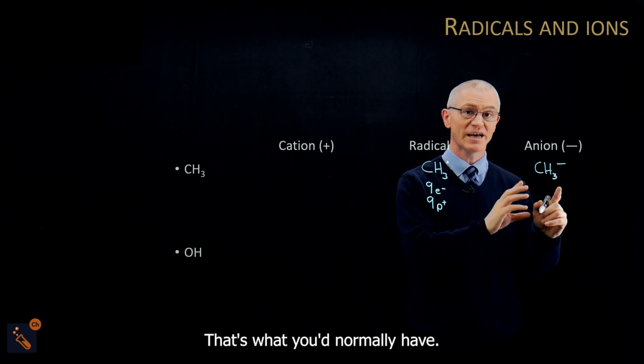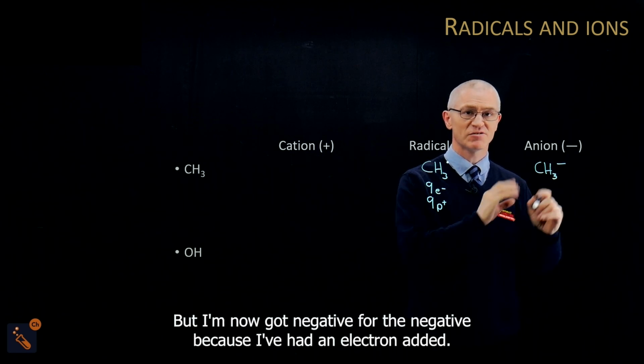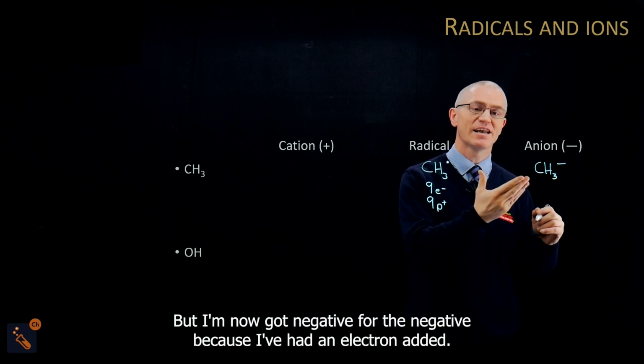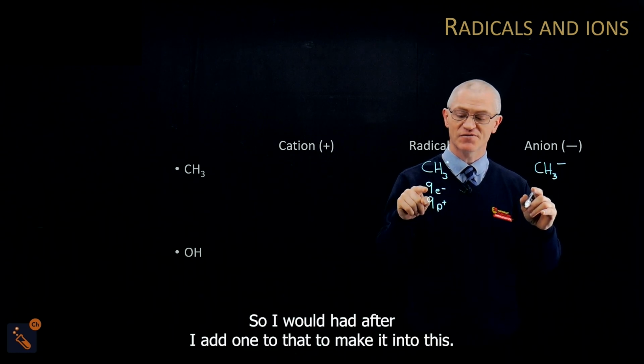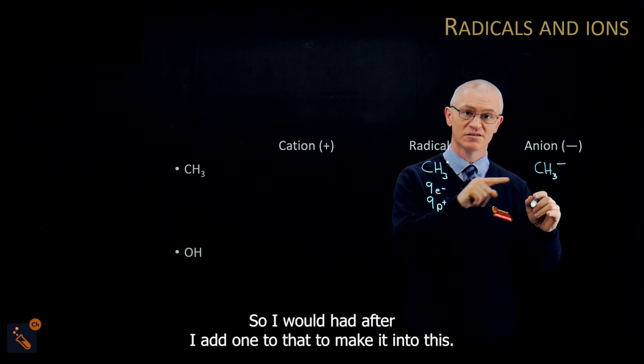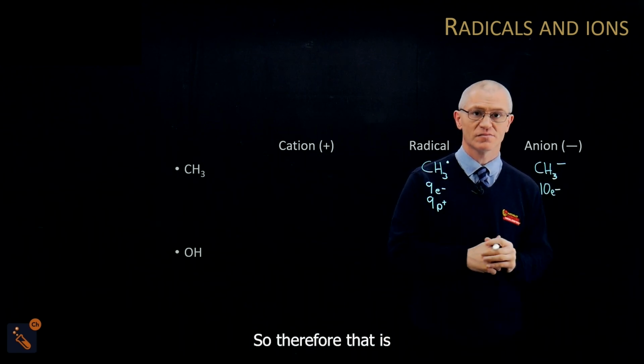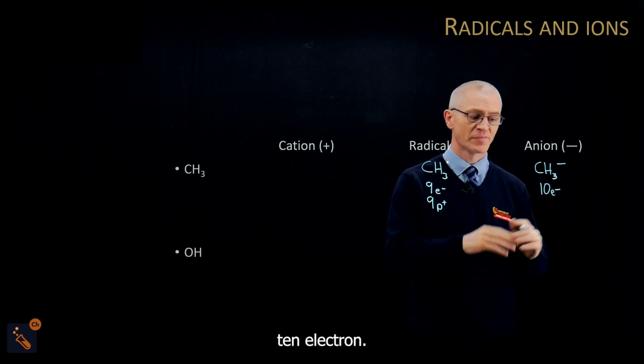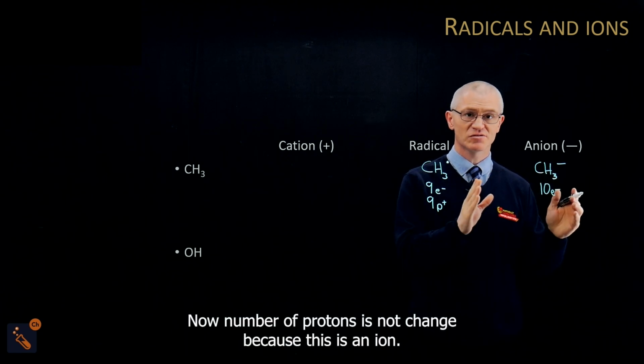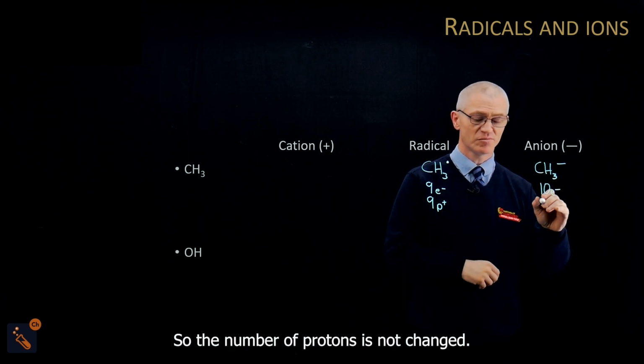That's what you'd normally have, but I've now got a negative. Well, the negative is because I've had an electron added. So I would have to add 1 to that to make it into this. So therefore, that is 10 electrons. Now, the number of protons is not changed because this is an ion. So the number of protons is not changed.